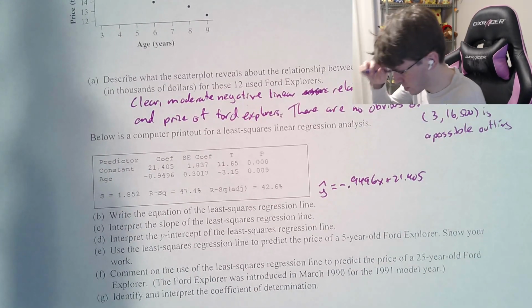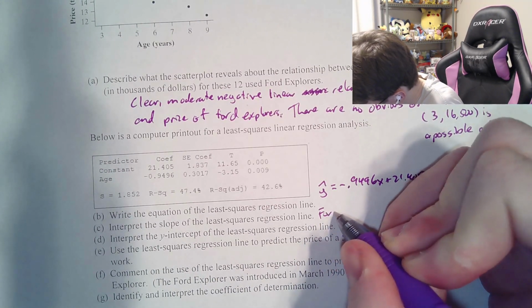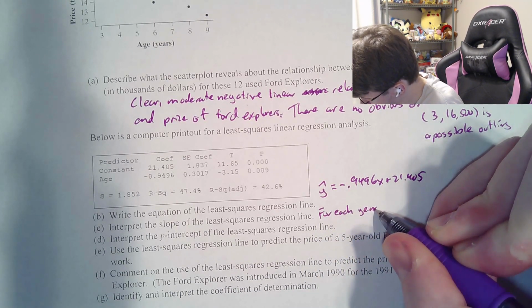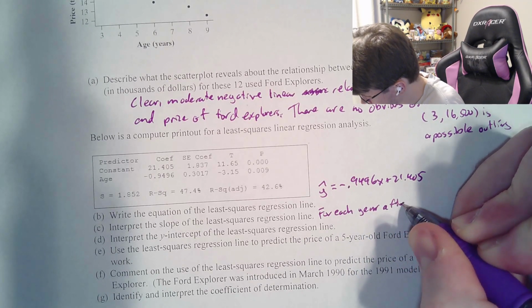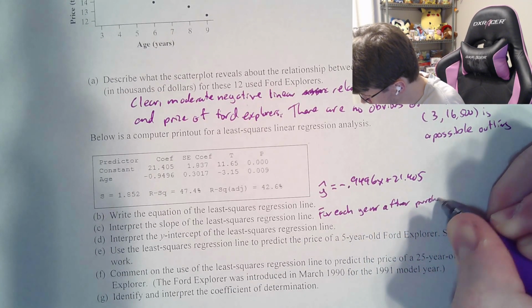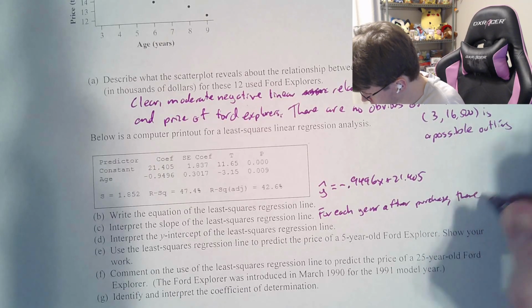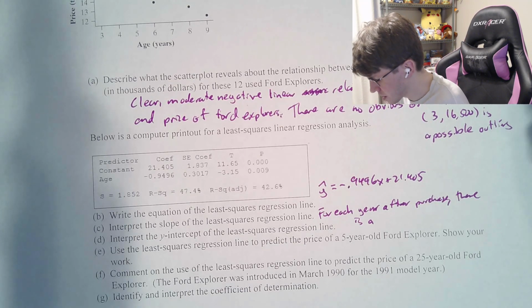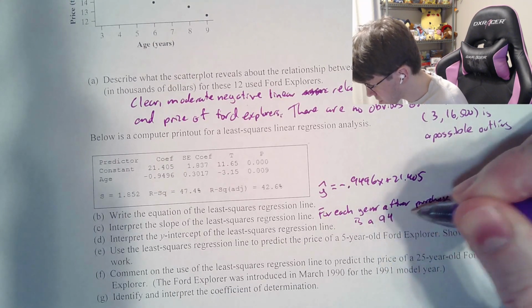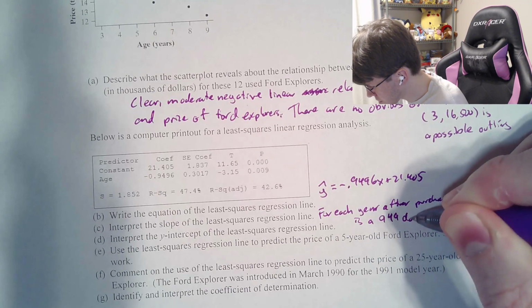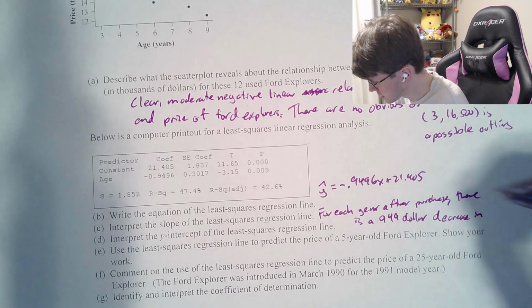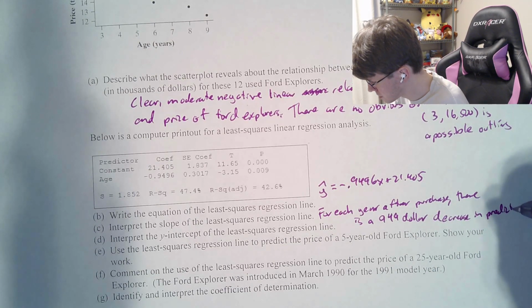In this case, we're going to say for each year after purchase, there is, it's in thousands of dollars, so 0.9 is in the hundreds, a $949 decrease in predicted value of the car.